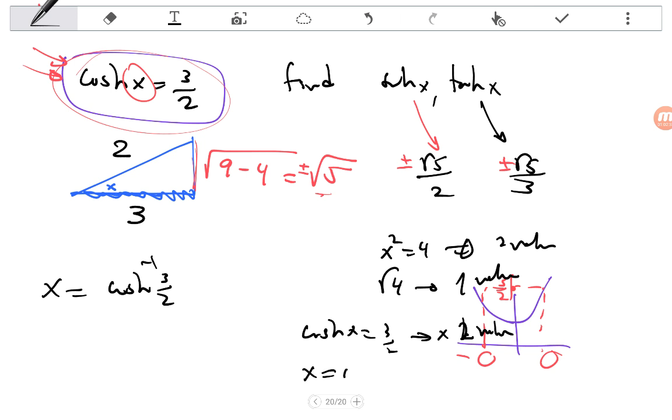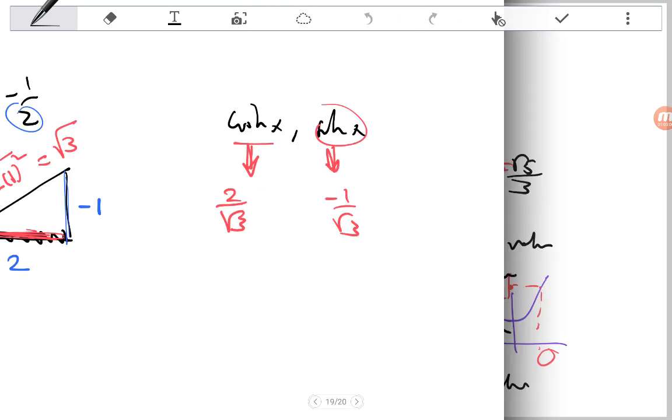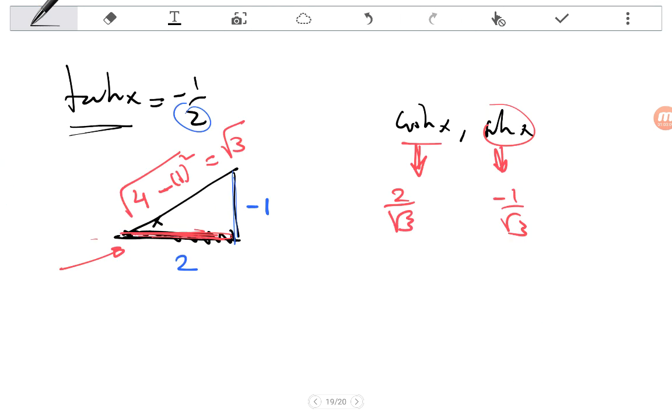But when I tell you that x is equal to cosine inverse 3 over 2, x has one value, because an inverse function has only one value. So x will be positive in this case, and I'll just put it positive root 5. I just put the plus or minus only in the case when I have a cosine, not in any of these other functions.